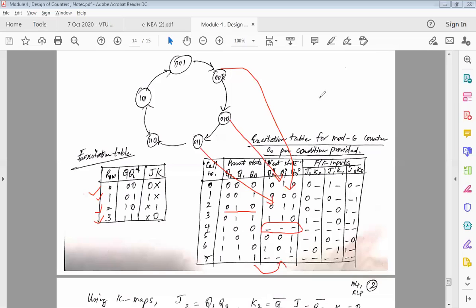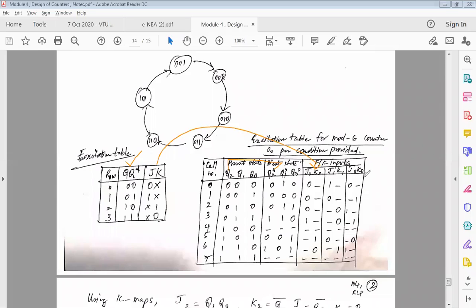The next step is easy, as you all know. We need to take a reference of the excitation table, and Q2 and Q2 star will be taken into consideration. It is just as good as Q and Q star, and this JK will be filled here. Ultimately, for Q2 we take J2, K2, then J1, K1, J0, K0.